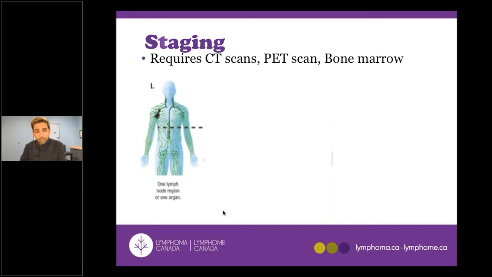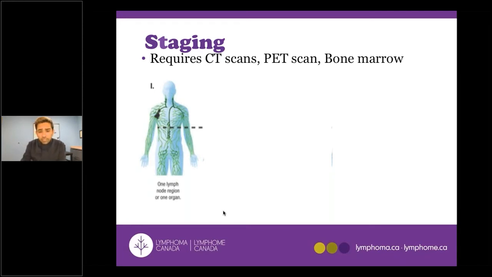What we do is we get CT scans, so CT scan of your neck, chest, abdomen, pelvis, as well as PET scan. Sometimes we may even consider doing bone marrow biopsy to make sure there is no lymphoma within the bone marrow. So there are 4 stages.